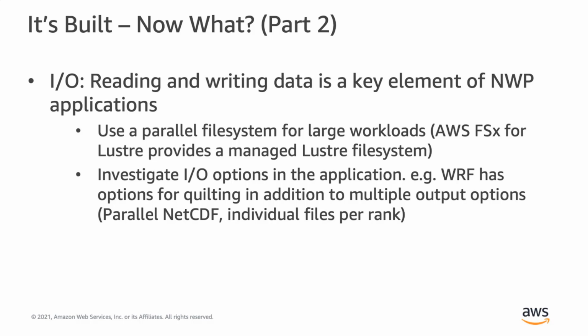Also, other output options: parallel NetCDF, using multiple individual files per rank or combined files. Again, depending on your use case, some of these may provide better performance than others, and it can make a material impact on your overall solution as well as cost.